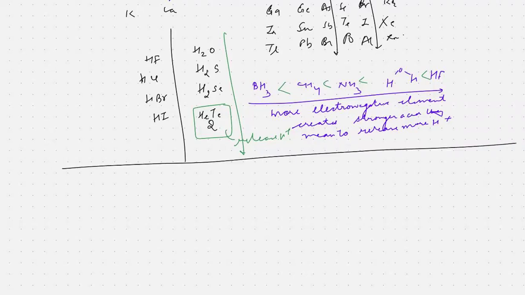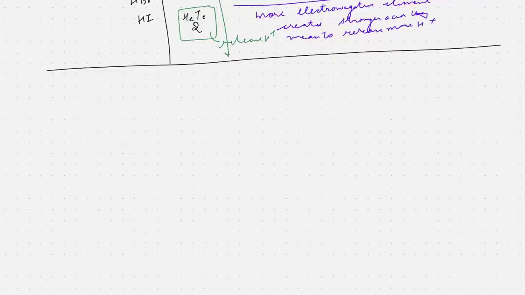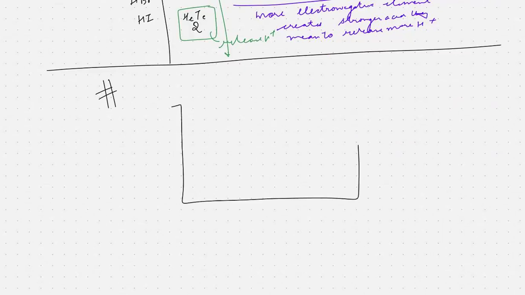Yeah, let me explain this. So we are going down, right? HF has a smaller bond. When you have an acid like this, we have a partial negative charge and a partial positive charge, and fluorine is more electronegative, so it attracts the electrons toward itself.